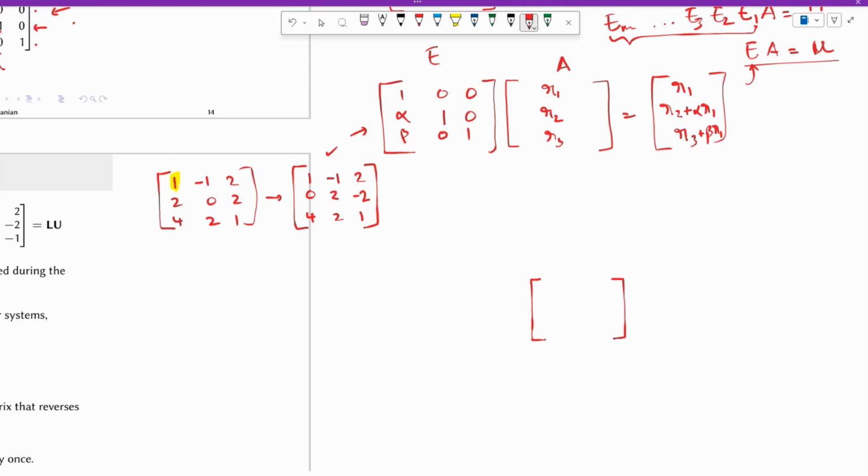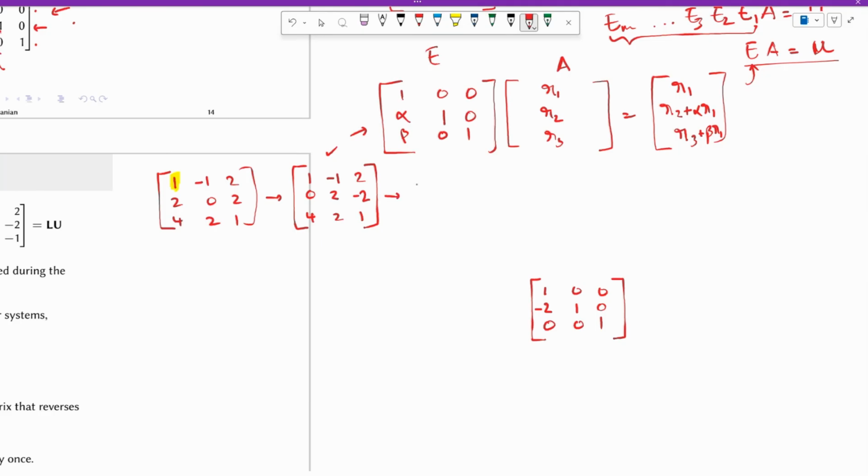Did you do anything to row 1? No, you did not. Then this is fine. Did you do anything to row 2? Yes, what did you do? Minus 2 times what? So what will be the corresponding row? Minus 2, 1, 0. What about the third row? That's all. That's the first elementary matrix.